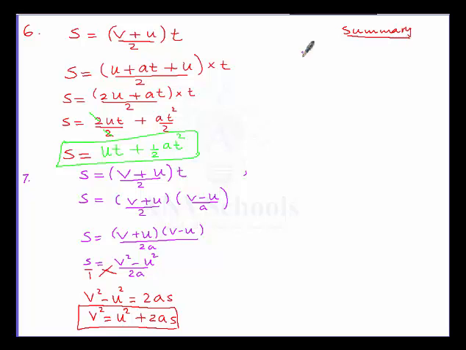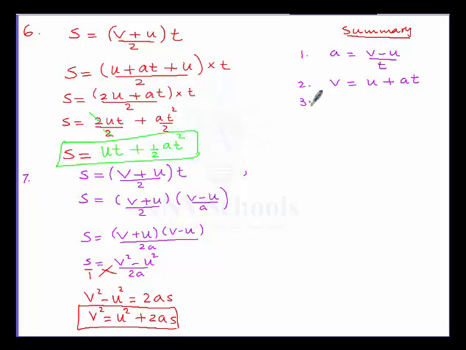The first equation is, acceleration can be defined as final velocity minus initial velocity divided by time. Second, the final velocity is defined as initial velocity plus acceleration multiplied by time.